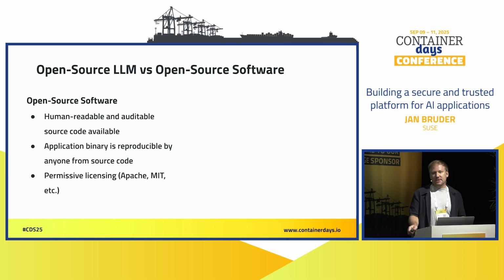It always means you get human-readable source code that allows you to not only build the application from scratch in a repeatable manner, but it also means that you can really review the application and understand how it works. Another aspect of open source is typically they have very permissive, standardized licenses, like for example, Apache license or MIT license.